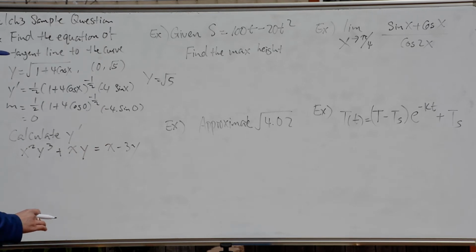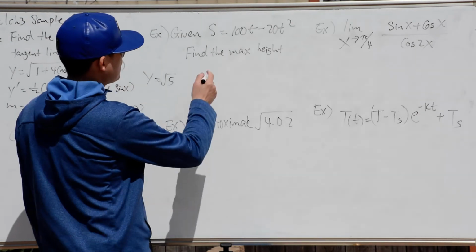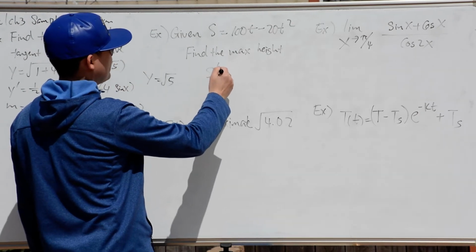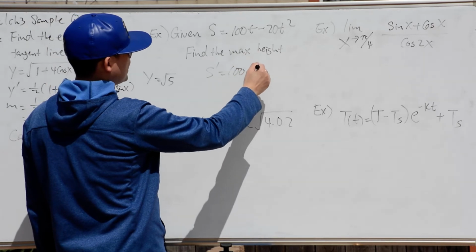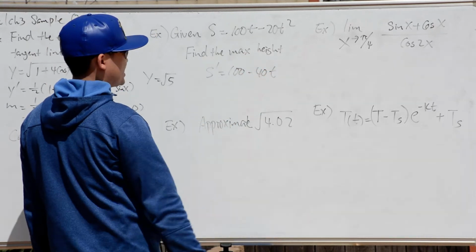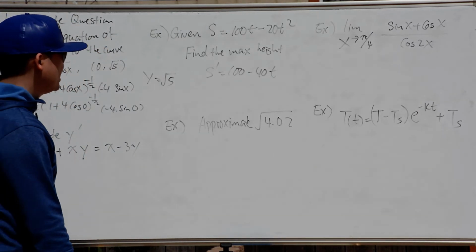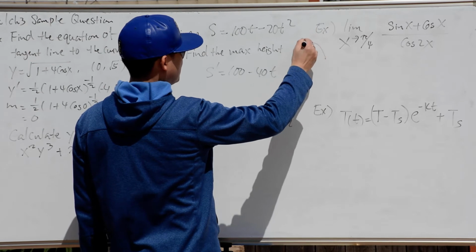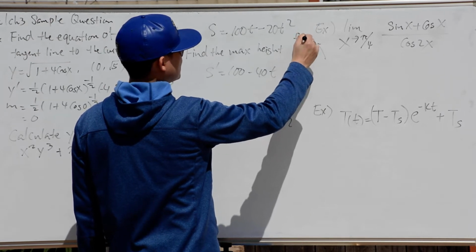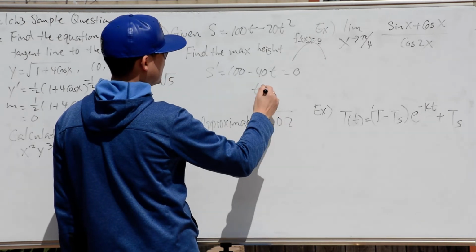And then for the next one, find the maximum height. That one's actually pretty basic. You take the derivative, so it's 100 minus 40t. Again, we're using the calculus approach, not negative b over 2a. Since we know that at the maximum height the velocity is 0, we set that equal to 0 and solve for t.